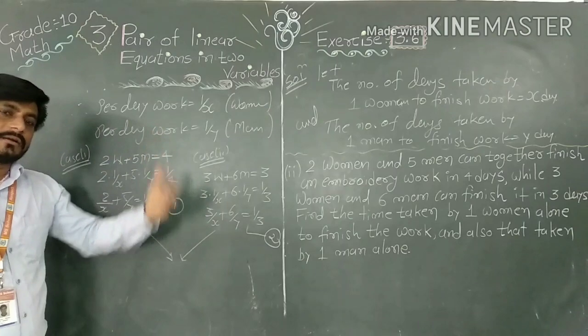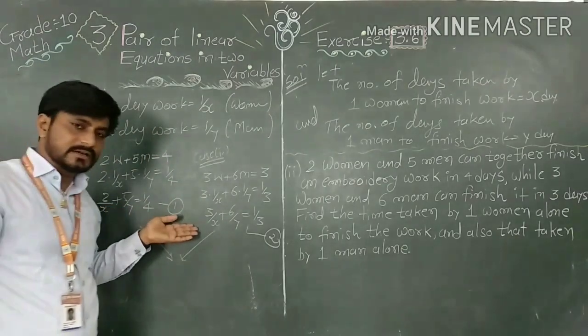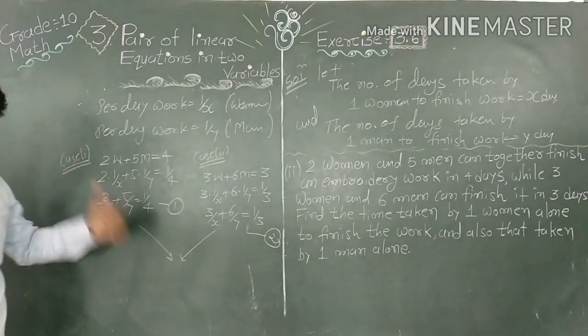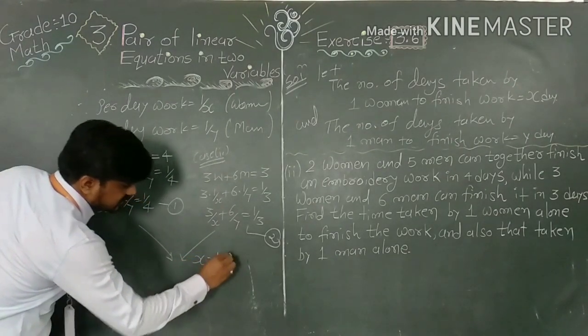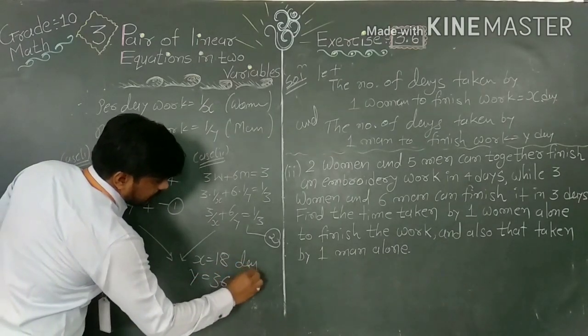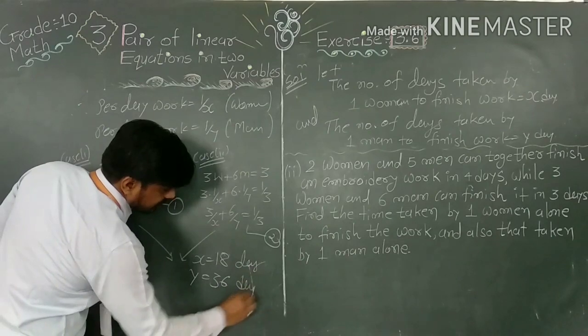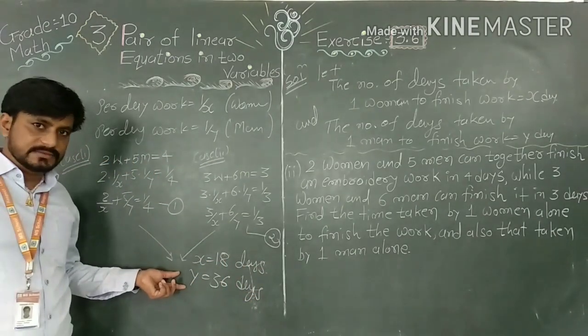After making the linear form, you have to solve by elimination method. You get x and y. Here I directly write the answer. x is equal to 18 and y is equal to 36 days. A woman takes 18 days and a man takes 36 days.